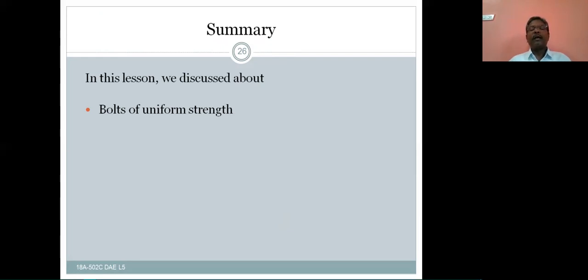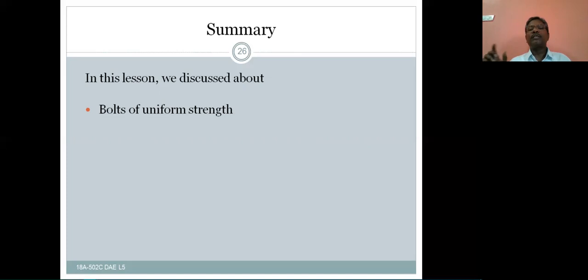The main need is that the shank diameter is more than the core diameter of the threaded portion, so the shank strength will be more than the threaded portion. That's why the threaded portion becomes the weakest part. Whenever impulsive forces are acting, there is a possibility of failure at the threaded portion. So we have to make the entire bolt of uniform strength.